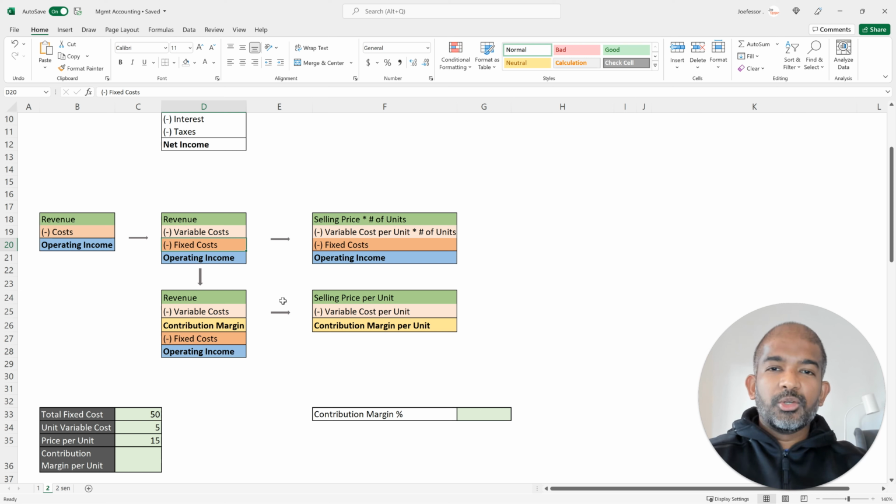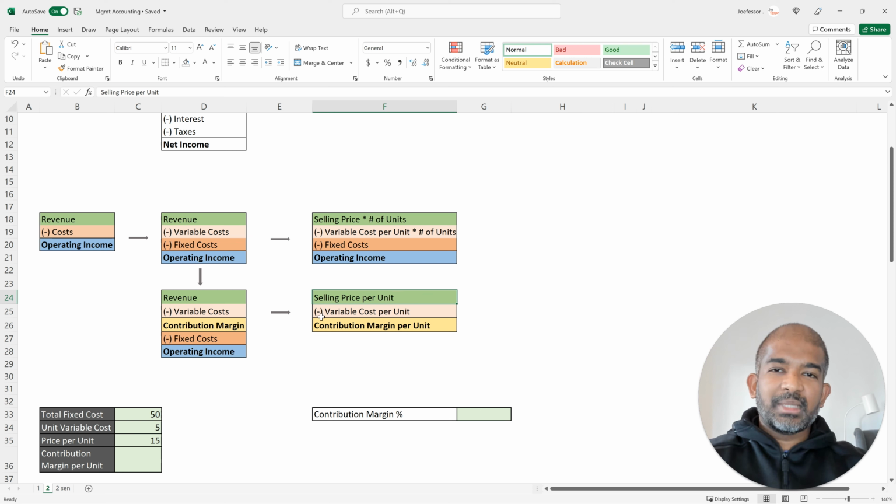We're going to look at a new term here called contribution margin. What exactly is contribution margin? When you deduct your variable cost from your revenue, what you obtain is called the contribution margin. This can also be calculated at a per unit level. Okay, so you just find the revenue per unit, which is the selling price of that unit.